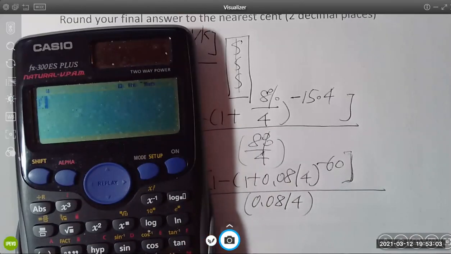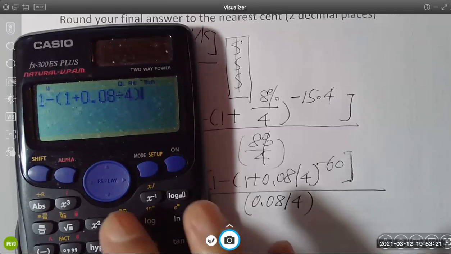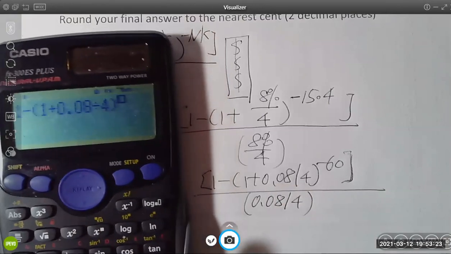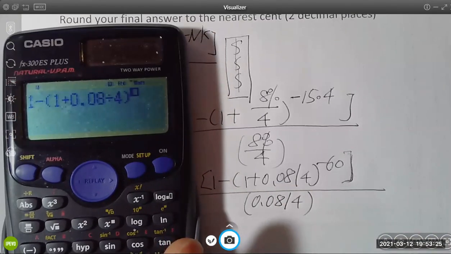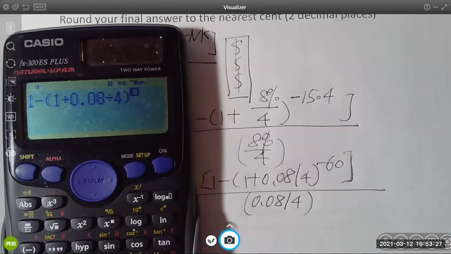So let's do that. 1 minus parentheses 1 plus 0.08 over 4 to the power of negative 60. Make sure you can tell the difference between the negative sign and the minus.